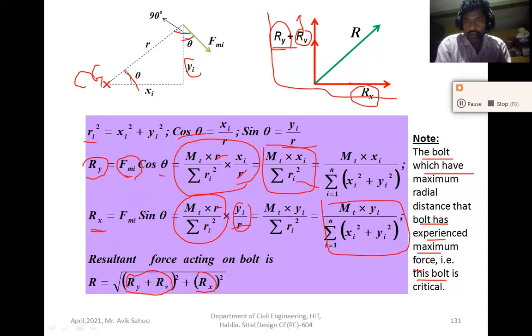The answer is the critical one, because if the critical bolt sustains the load, if the critical bolt is safe, then the other bolts are also automatically safe, because the other bolts have lesser forces. So always we design the critical bolt, which experiences the maximum forces.